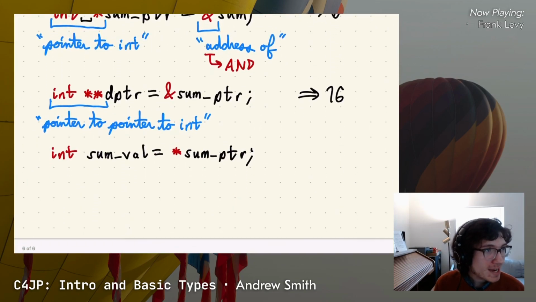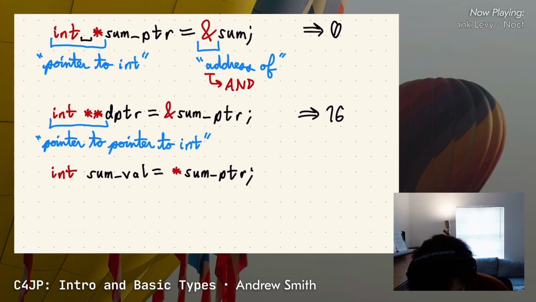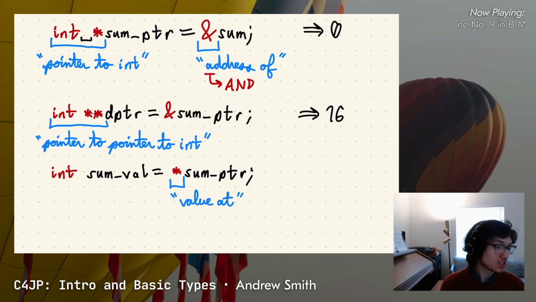And so when I perform this operation, this asterisk really just means, and you can read it as, value at. And so what we're saying is I want to get the value at this memory address. I want to get the value at the memory address that lives inside some pointer.